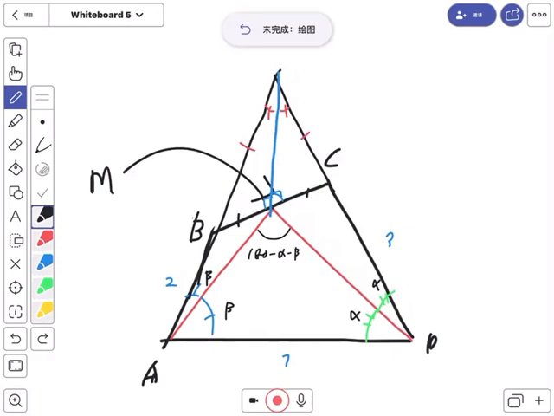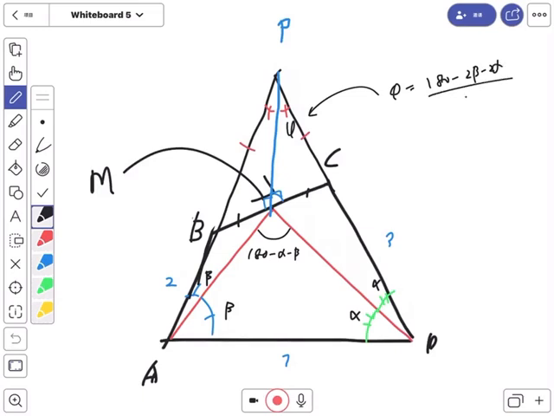Let's call this angle varphi. Then varphi is going to be equal to 180 minus 2 beta minus 2 alpha, divided by 2, which is 90 minus alpha minus beta. So varphi is equal to 90 minus alpha minus beta.